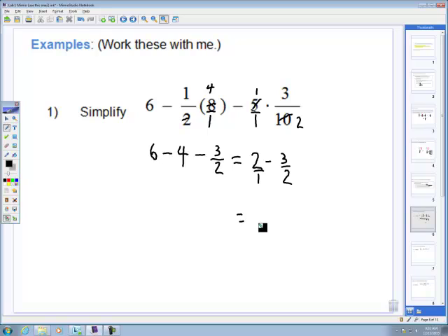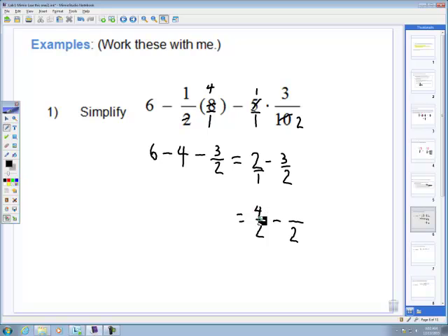So therefore, we're going to rewrite each fraction with the common denominator, convert each to an equivalent fraction. So 2 over 1, we would have to multiply by 2 in the bottom and the top, which would be equivalent to 4 over 2.